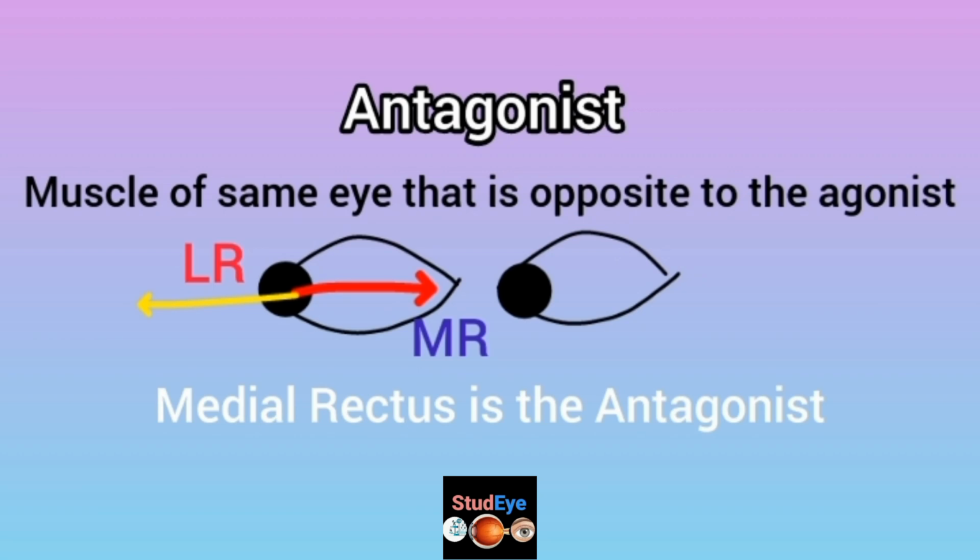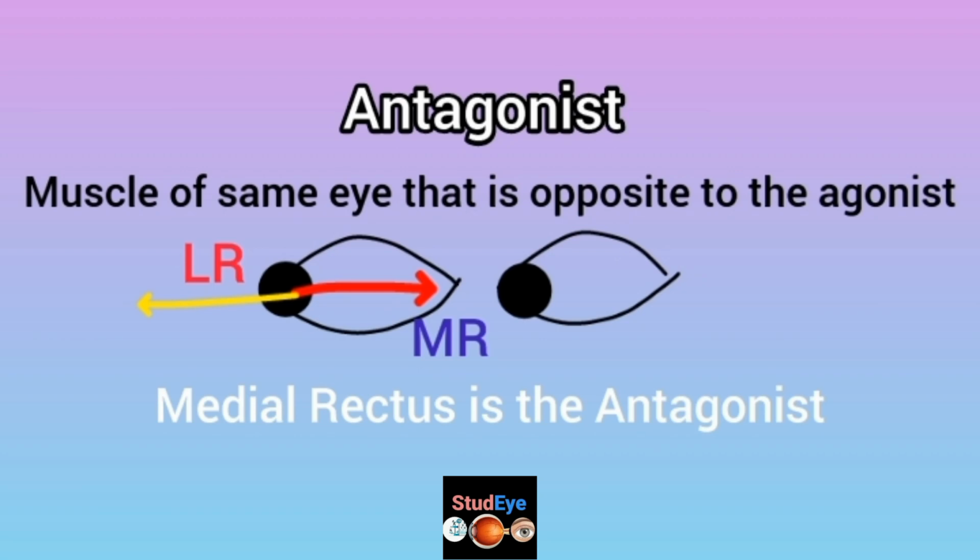It is very important to know that it is a muscle of the same eye that is opposite to the agonist. The agonist was the muscle performing the eye movement and the primary function, and the antagonist is the muscle which will oppose that muscle.